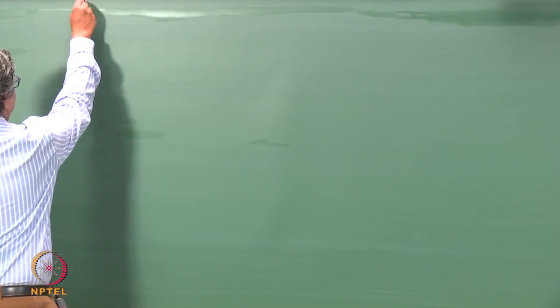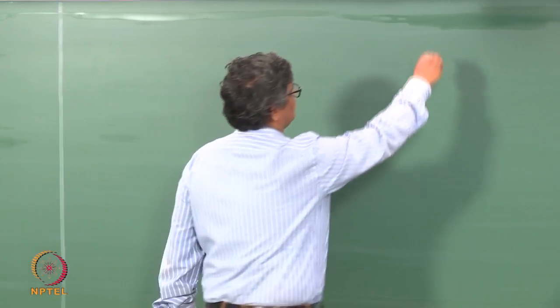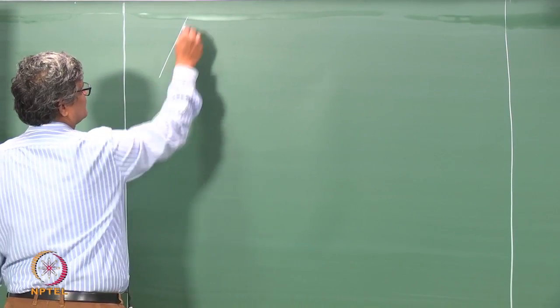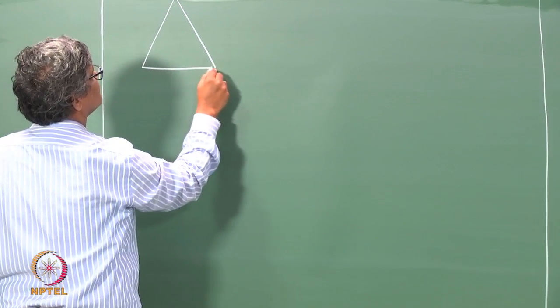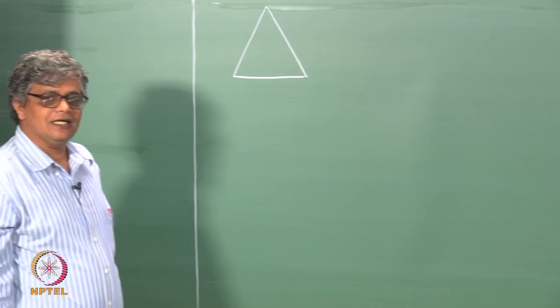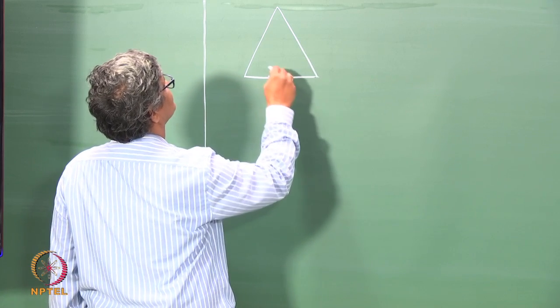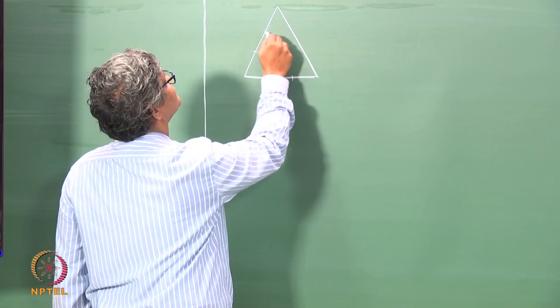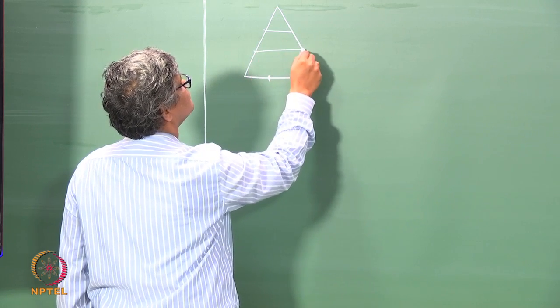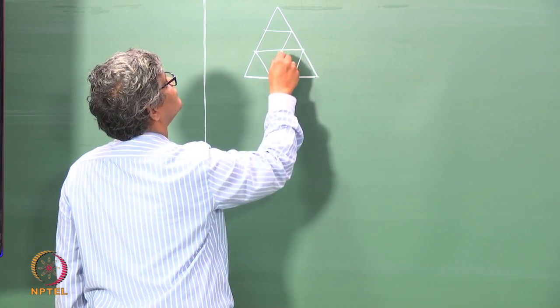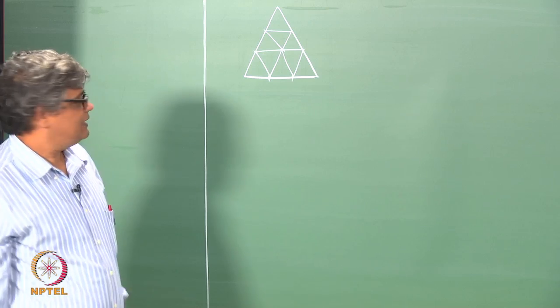We go back to the example of the triangular duct. For the sake of convenience, we are taking an equilateral triangle and we split this up into equilateral triangles like this.